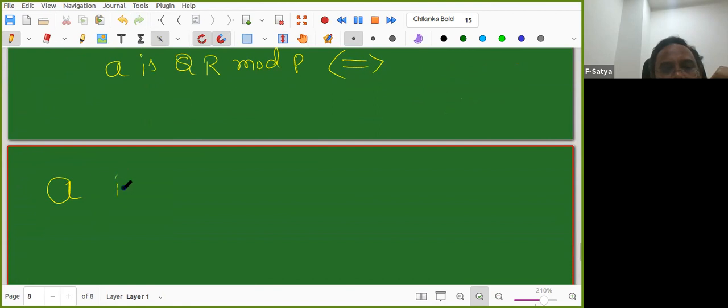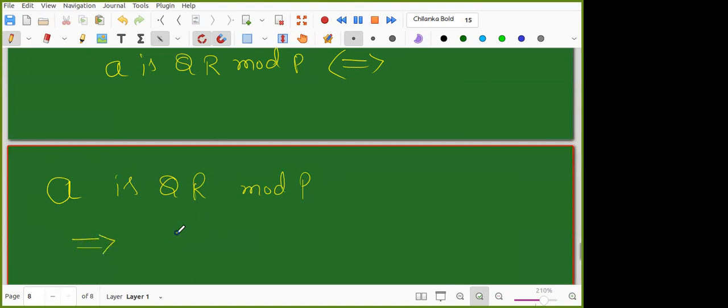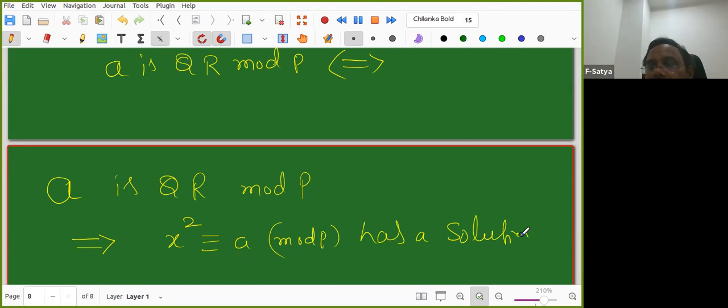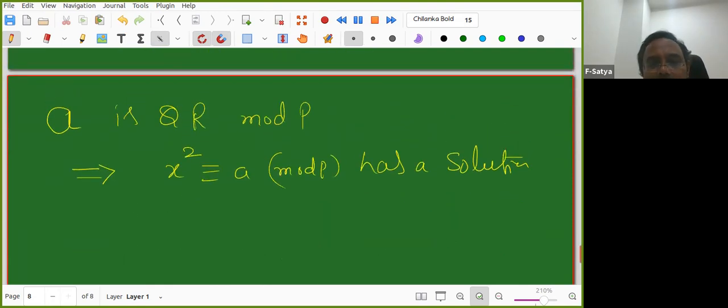Suppose that A is a quadratic residue modulo P. What is the meaning of this? It implies that x squared is congruent to A mod P has a solution. You should not stop at x squared equal to A mod P; it has a solution, then we'll say that A is a quadratic residue.